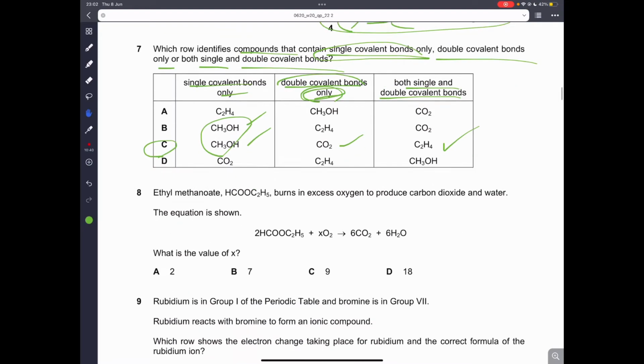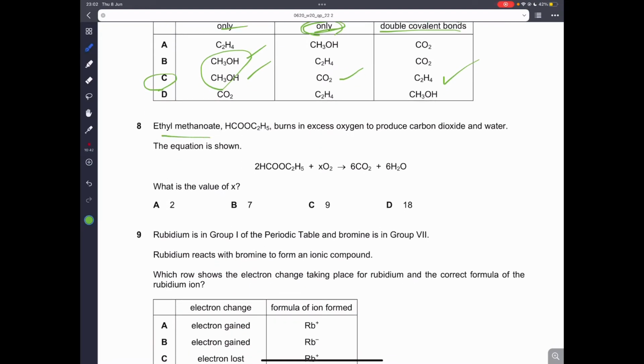Question number 8. Ethyl methanoate, HCO, burns in excess oxygen to produce carbon dioxide and water. The equation is shown. What is the value of X? Well, remember, to find this, we just have to balance the equation. There are 4 oxygen on the left hand side, and on the right hand side there are 12 and 6.